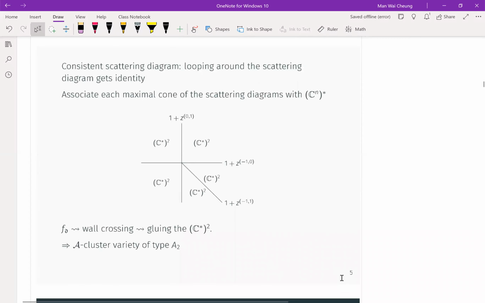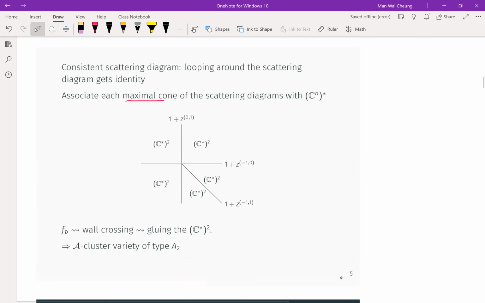Like we said, we define the scattering diagram to talk about the gluing of cluster varieties. So the way we do it is we associate each maximal cone of the diagram with a torus. In this case, it will be a 2-dimensional torus. And then we have this wall crossing, and like we just saw in the calculation, the wall functions are actually just the gluing functions that we have.